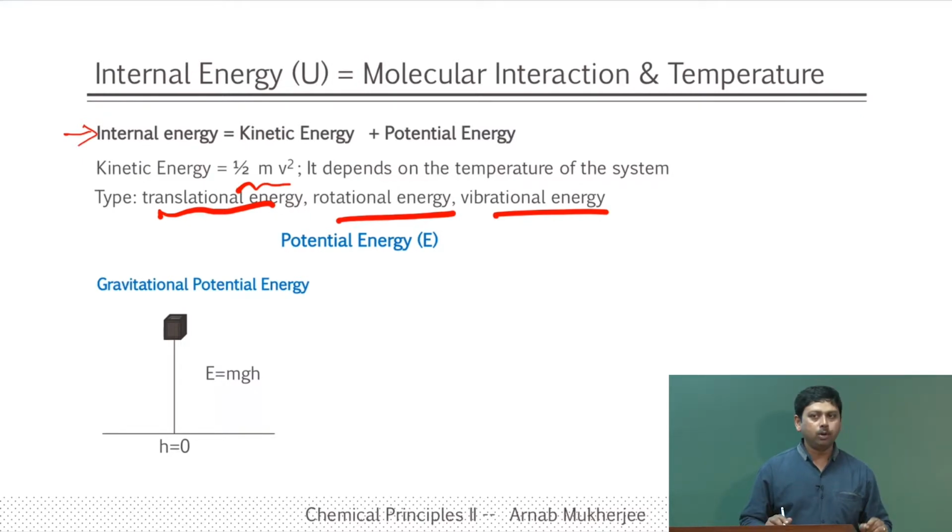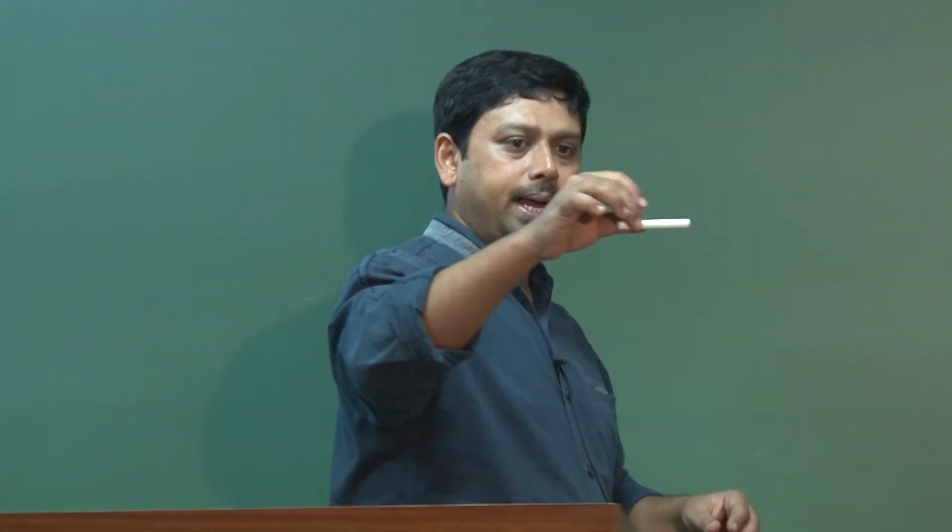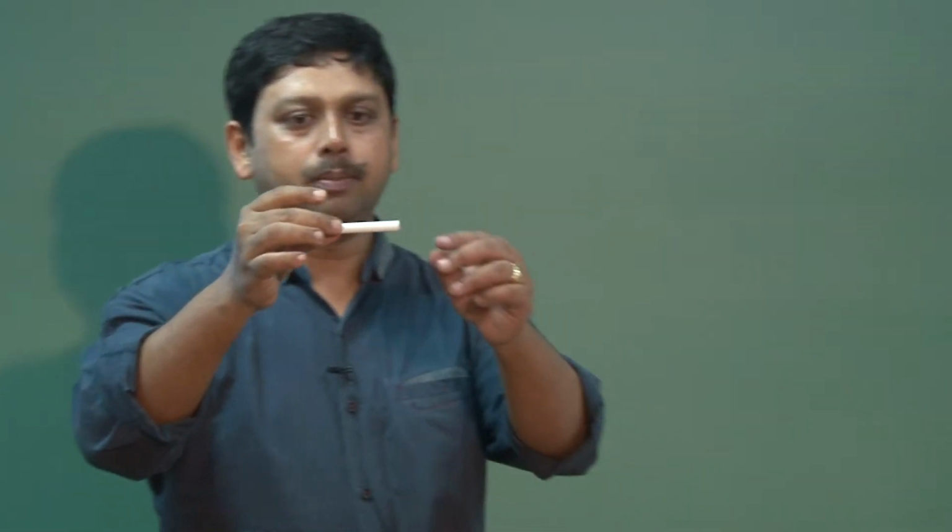We know very well about the gravitational potential energy, right. So, let us say an object is held at a certain height. Let me get a chalk. When a chalk is held at a particular height, it has certain gravitational potential energy.